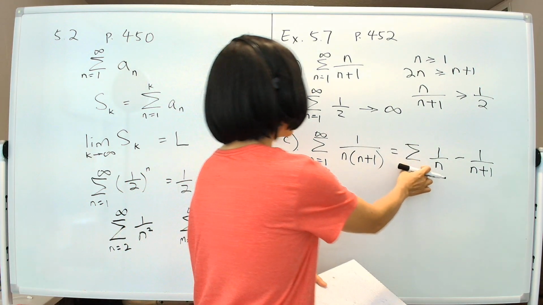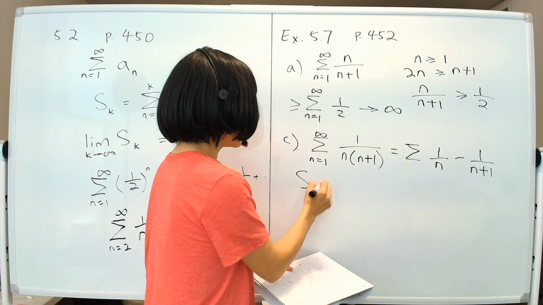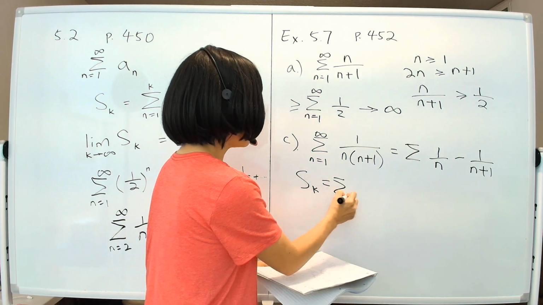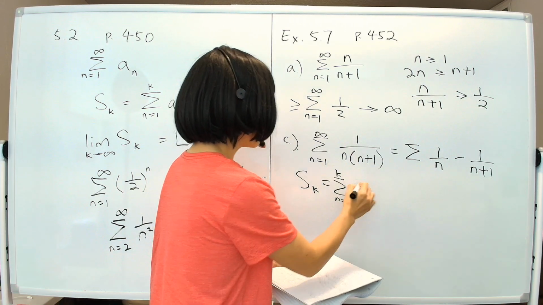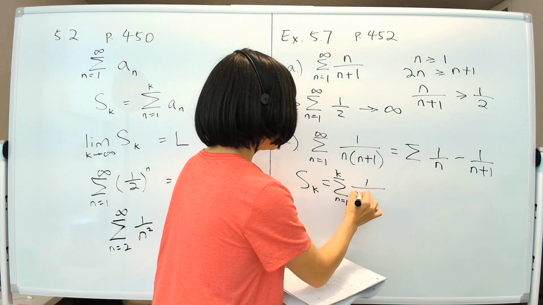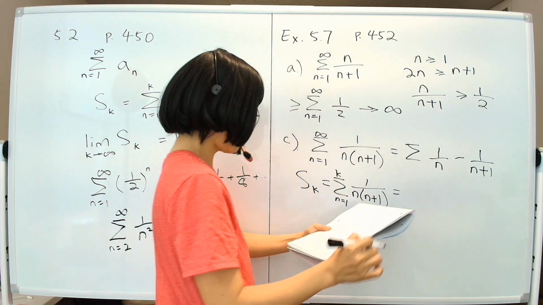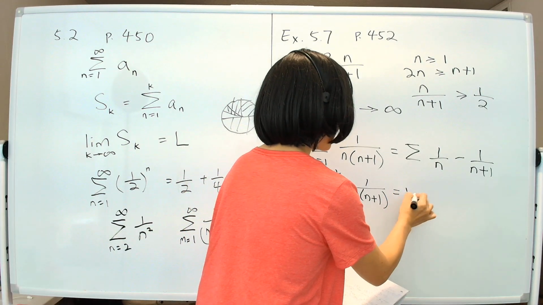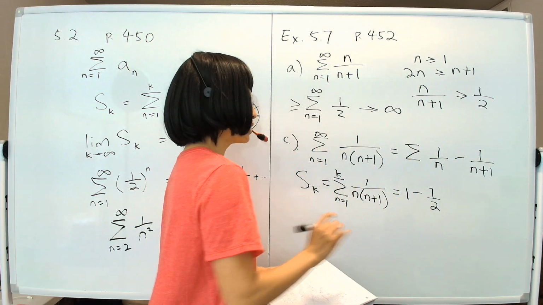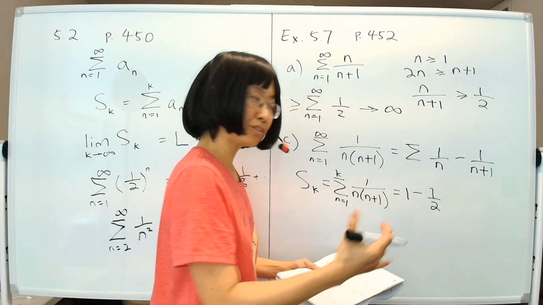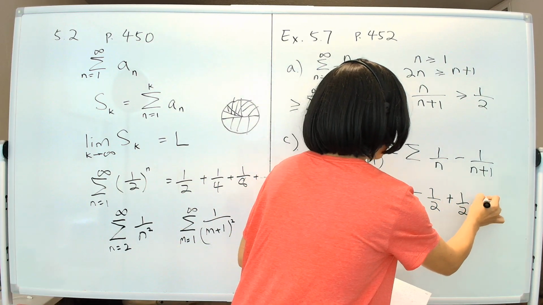For example, if we were to write this out, then the partial sum, say going up to k, which is the sum adding up from n equal to 1 to k of that thing, right? It will equal a very interesting situation, which is we'll have 1 minus 1/2, okay? And then what's the next term? The next term, n bumps up to 2, so then we have 1/2 minus 1/3.